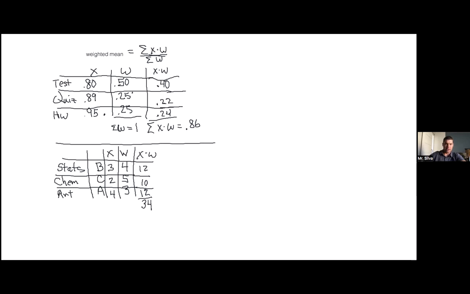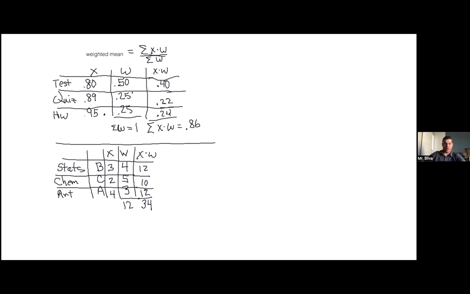Let's use that formula. The numerator, the top, is 34. The sum of X times W. The sum of the weights, here's the weights. We're going to add all those numbers together. How many units are we taking? We're taking 12 units. So in some cases, they call this grade points. 34 are my grade points. 12 are my units.